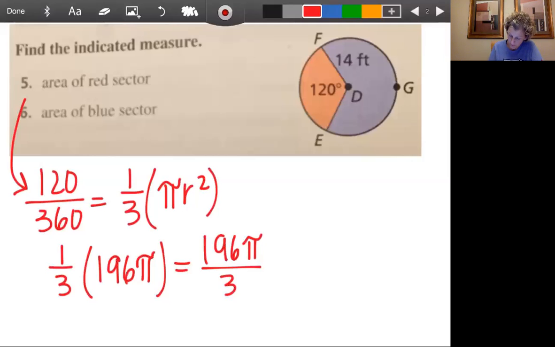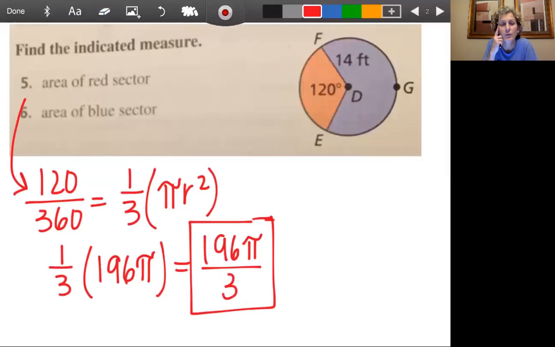We look to simplify, but 3 does not go into 196, so we are going to leave the answer just like that, unless it asks you for decimal form. Then we can plug it into the calculator: 196 times pi divided by 3.